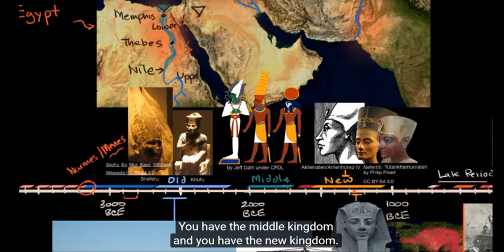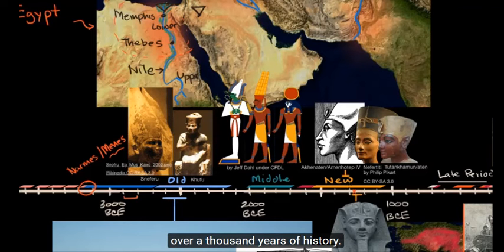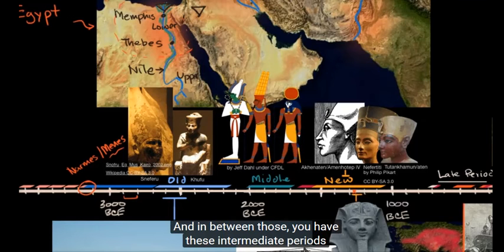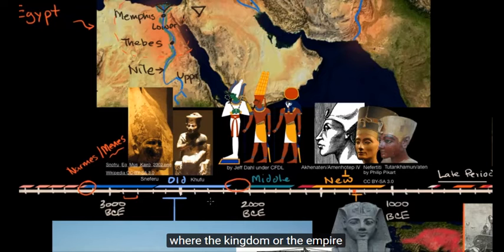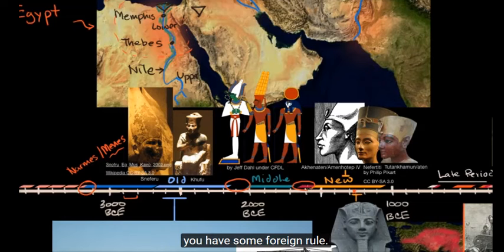You have the Middle Kingdom, and you have the New Kingdom. And once again, this is spanning over 1,000 years of history. And in between those, you have these intermediate periods where the kingdom or the empire was a little bit more fragmented. In some of these intermediate periods, you have some foreign rule.